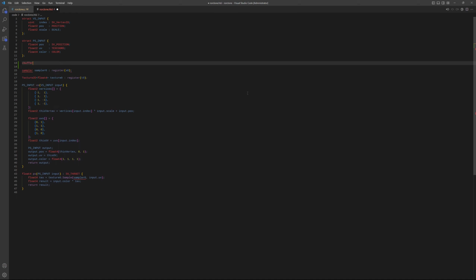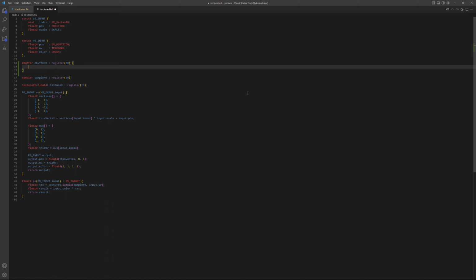C buffer. Is it like B0 or something? Well, at the very least, we want to know what the camera position is, to be able to move stuff around.